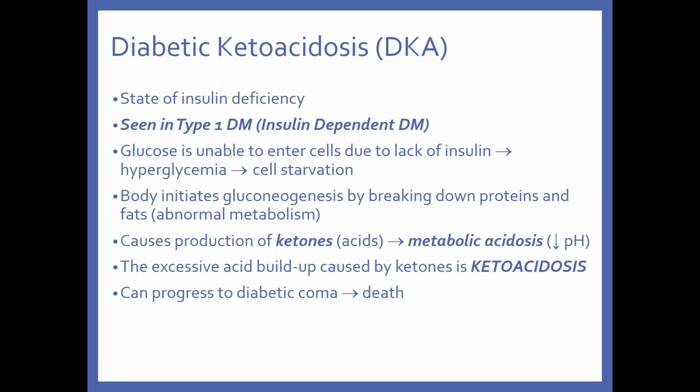Because of that cell starvation, the body initiates gluconeogenesis by breaking down proteins and fats, which is abnormal metabolism. When fats and proteins are broken down, that produces ketones, and ketones are acidic in nature. So this leads to a state of metabolic acidosis.